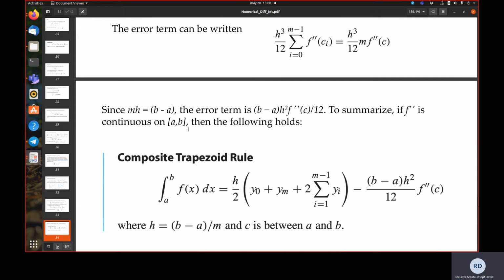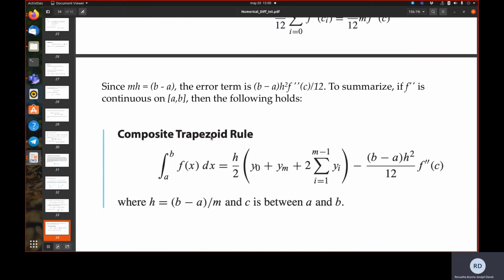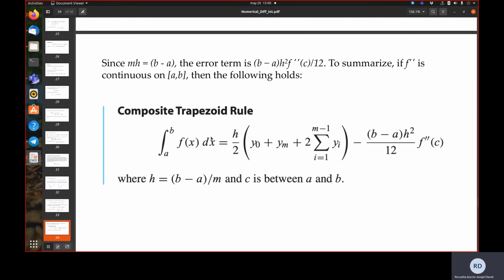Right? So then we can summarize, in this case, if we have an assumption of the second derivative being continuous on the interval a and b, then we have a general rule for the composite trapezoid. So this is what we have. Here we have the approximation and the error term.